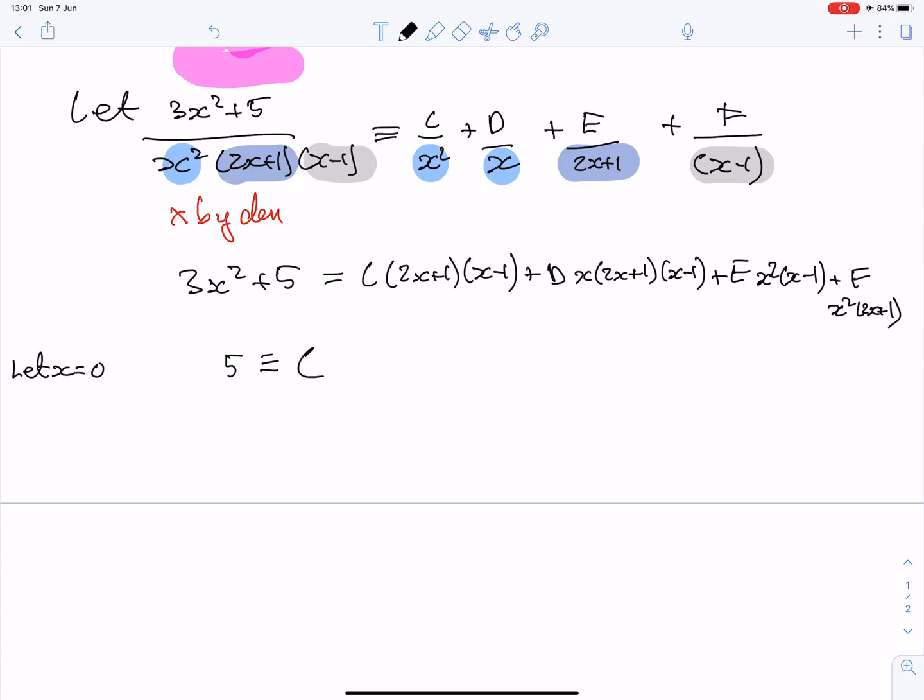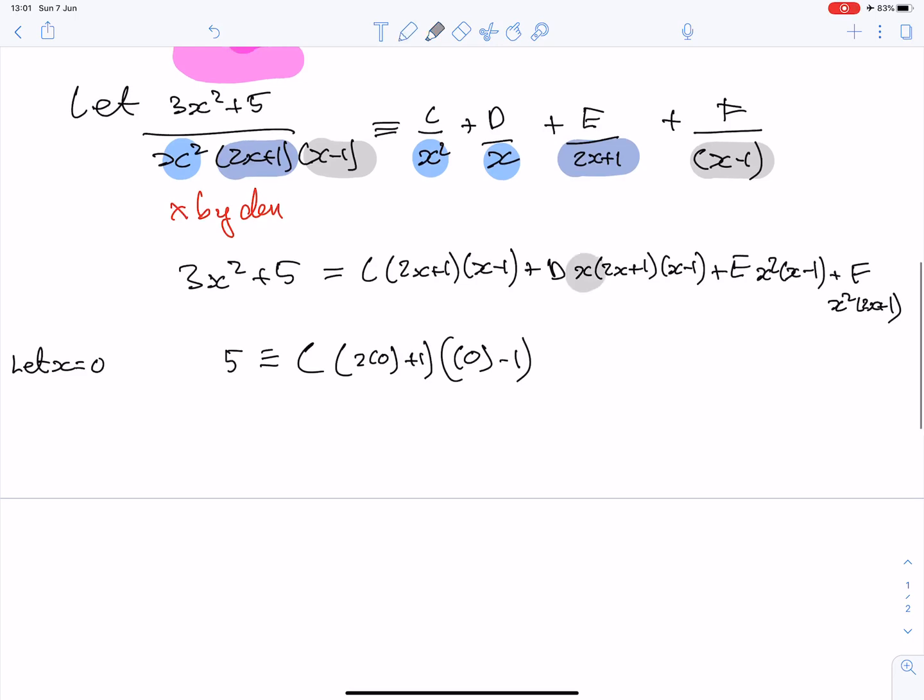And then we're going to get C, 2 lots of 0 plus 1, and 0 minus 1. And all the other terms are going to become 0 because we've got an x here, here, and here. So they will make sure that D, E, and F are 0.